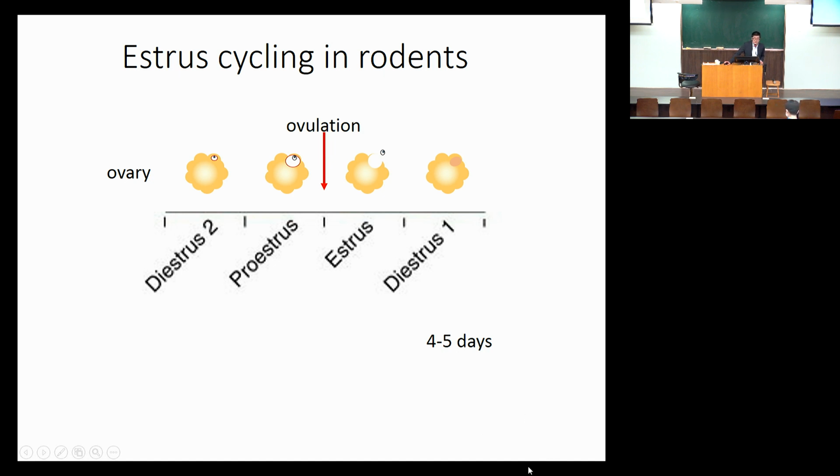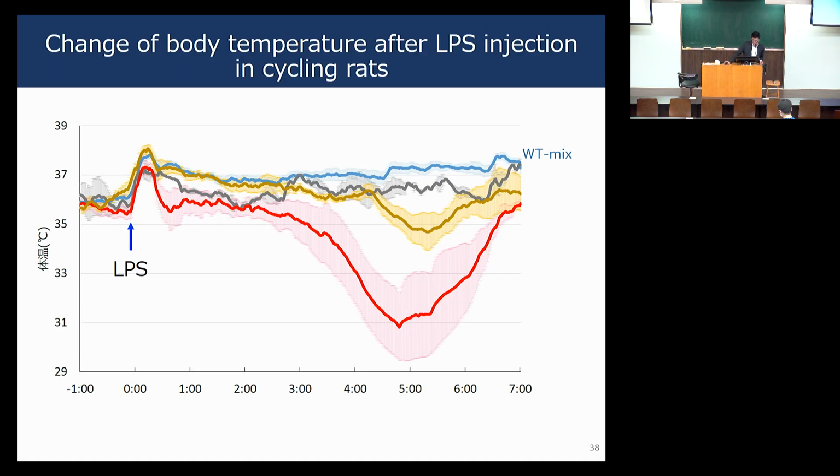In rodents, they have a 4 or 5 day estrous cycle because they don't have a luteal phase. They have a very short estrous cycle: estrus, proestrus, and diestrus. So first we classified them depending on their estrus stages, like this. Can you guess which is which? Do you have any idea?